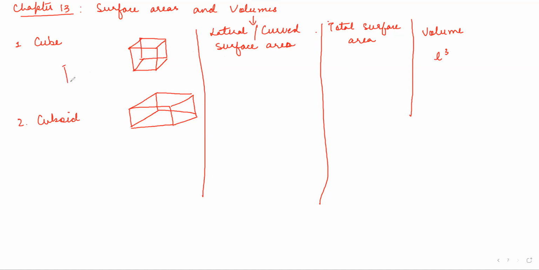Each is a square whose sides are L, so the area is L square, and with 4 squares the surface area will be 4L square. This is called lateral surface area. And total surface area, you have 6 faces, so it will be 6L square.